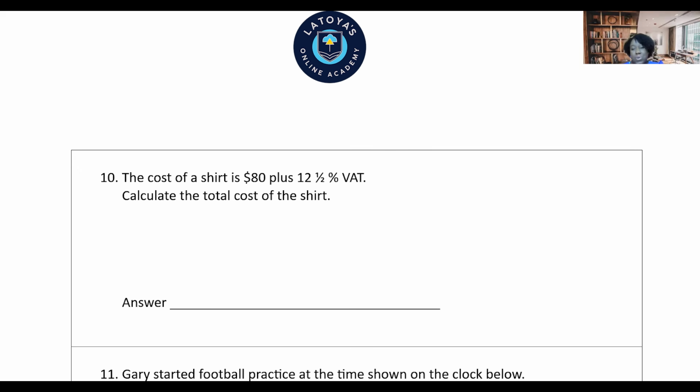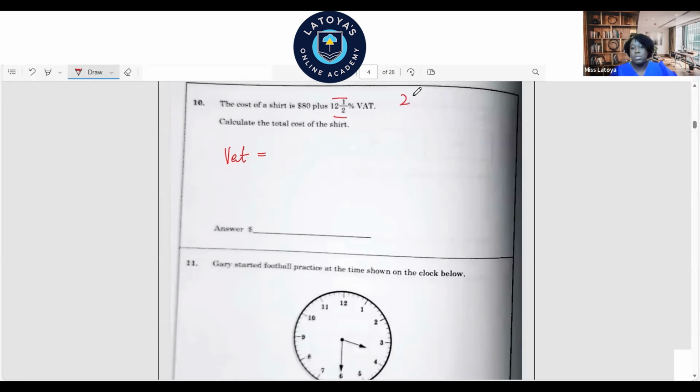Question 10. The cost of a shirt is $80 plus 12.5% VAT. Calculate the total cost of the shirt. So step 1 will be to work out VAT. And we should know that 12.5% is 1/8. And if we don't know that, then we can divide 12.5% by 100 and we will get 1/8. So to do that, it's going to be 12 2s are 24 and 1 is 25 over 2.